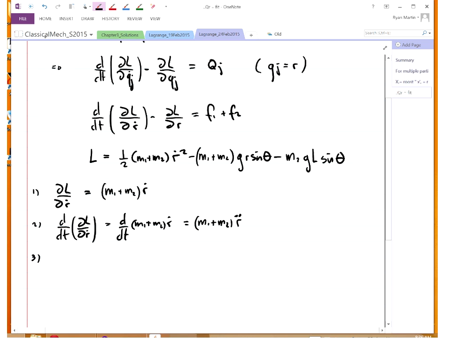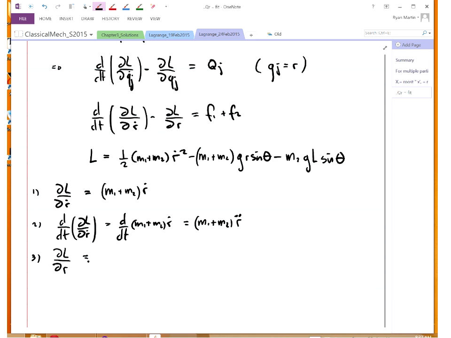And the last term that we need is ∂L by ∂Qj, which is ∂L by ∂R. So if I look at L, only the middle term has an R in it.